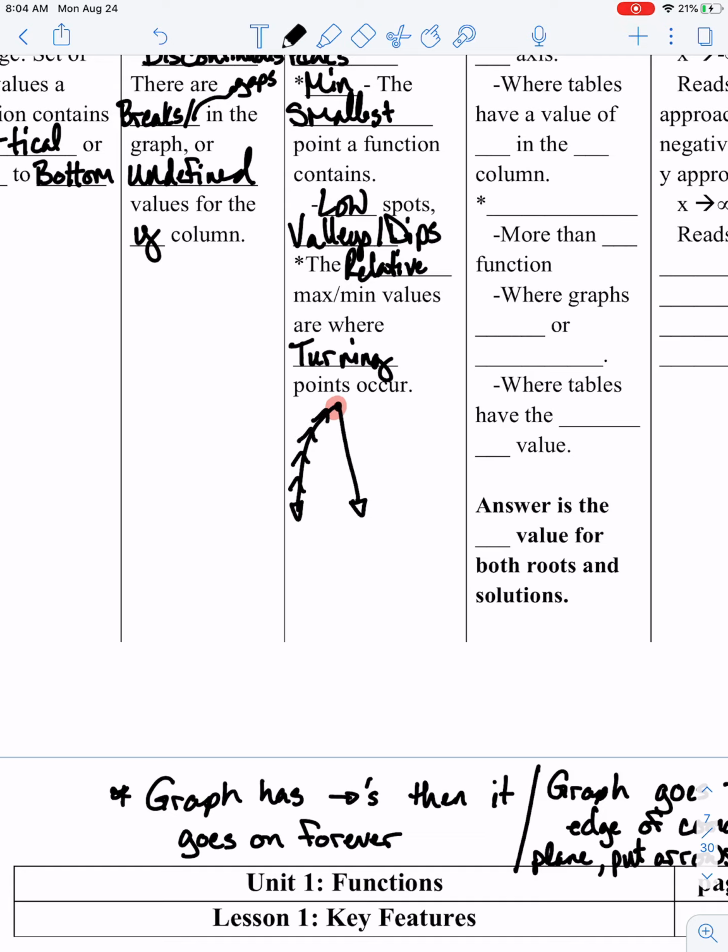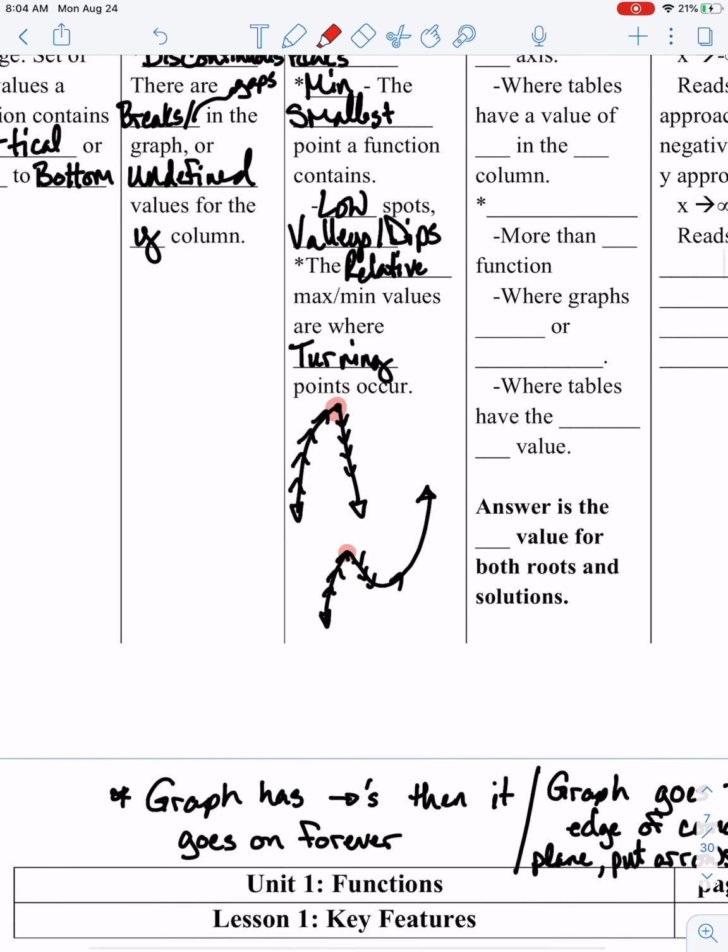When it gets to this point, it then changes direction. Likewise with this graph, it's going up, up, up. Now it starts going down, so I know a turning point would be right here. It's going down, down, then it starts going up. So I know a turning point will be there. Okay, so turning points are going to be anytime your graph changes direction.